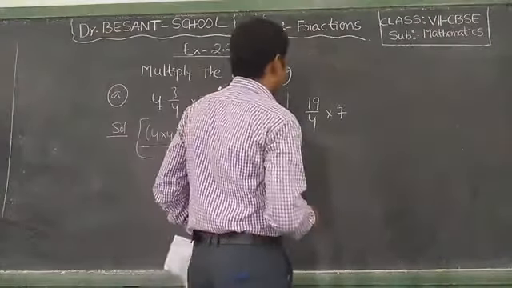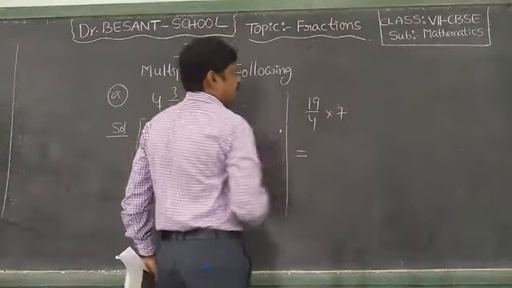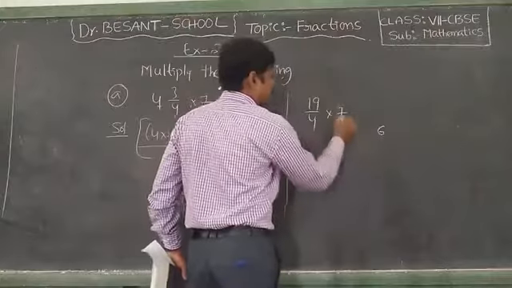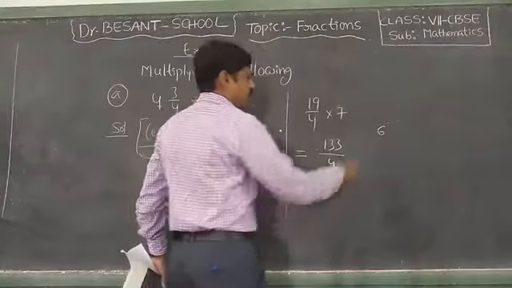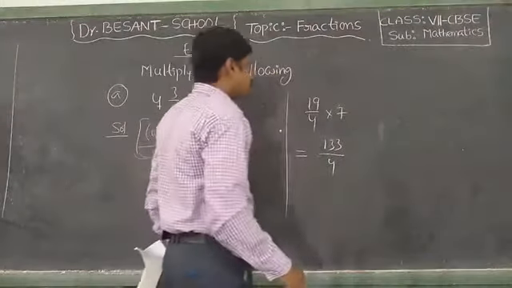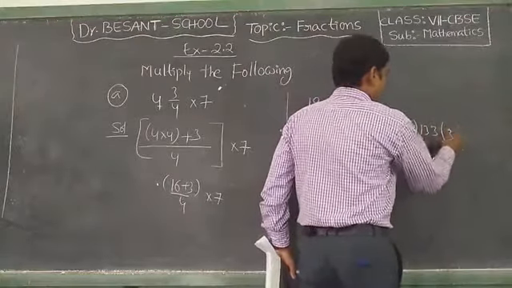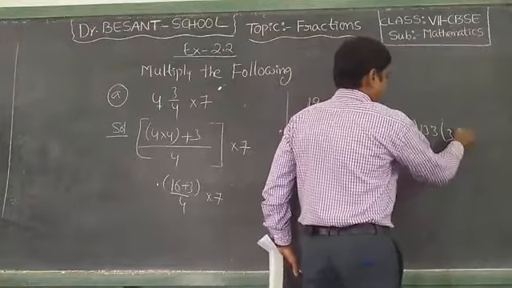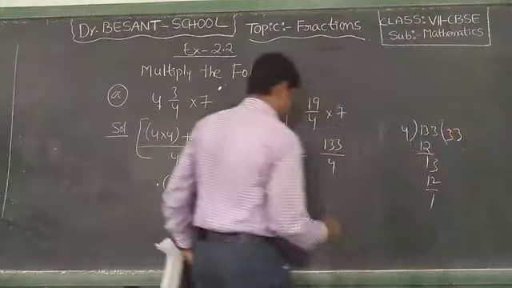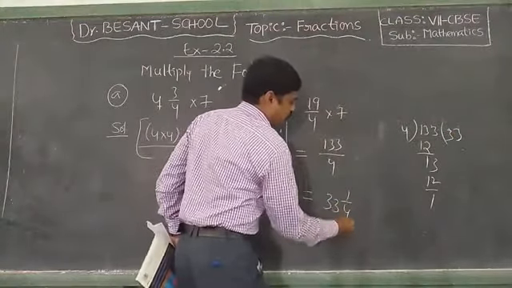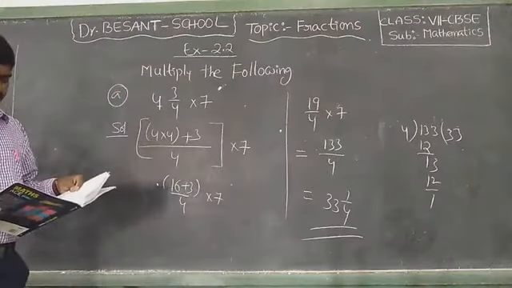Now 7 nines are 63, 6, 7 ones are 7, 7 plus 6, 133 by 4. 133 by 4 means 4 threes are 12, 1, 3, 4 threes are 12, 1, 33 and 1 by 4. So that is equal to 33 into 1 by 4. And this is the final solution. Okay children, note down the second one.